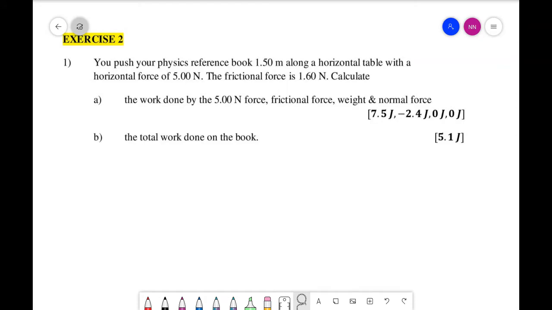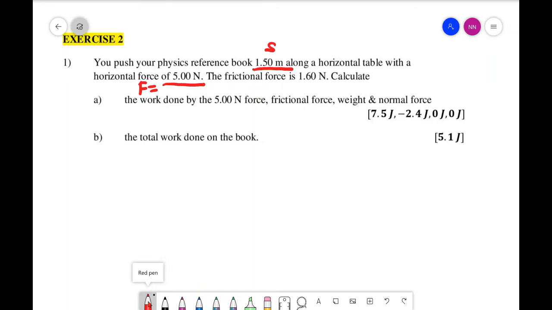Exercise 2, question number 1. You push your physics reference book 1.5 meter. So 1.5 meter is the displacement S, along a horizontal table with a horizontal force of 5 Newton. So this is the force F, 5 Newton.